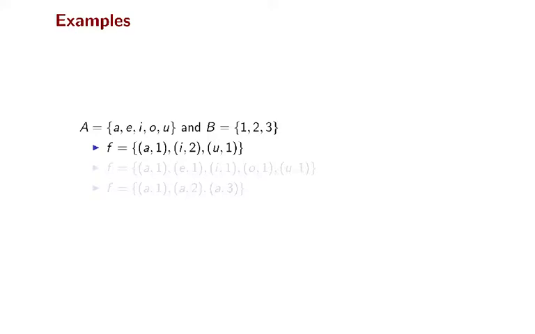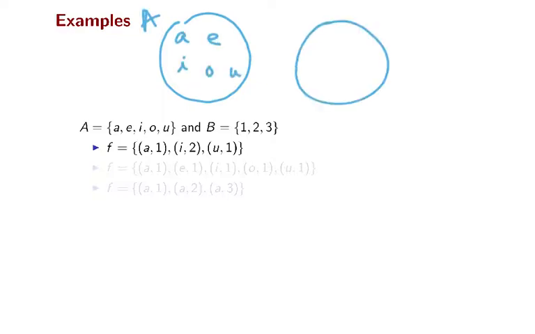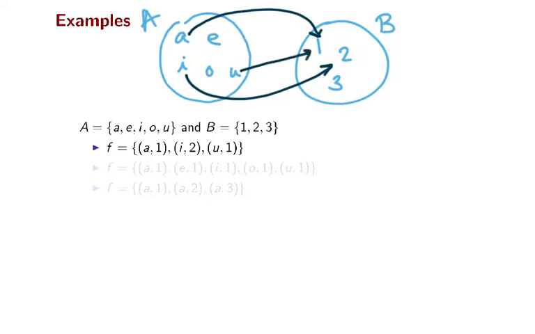Let's see some examples. We have the set A, that are the letters, and the set B, that are the numbers 1 to 3. So the first example is the relation F, that says that the pairs in this relation are going to be A1, I2, and U1. Okay, so this is our relation.